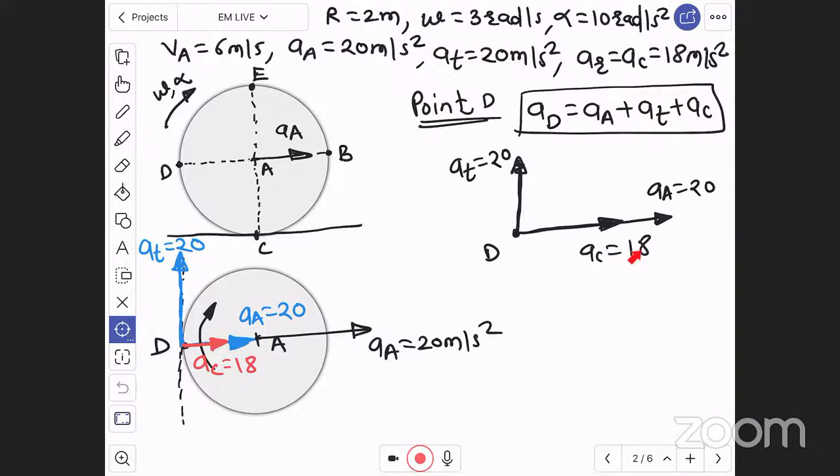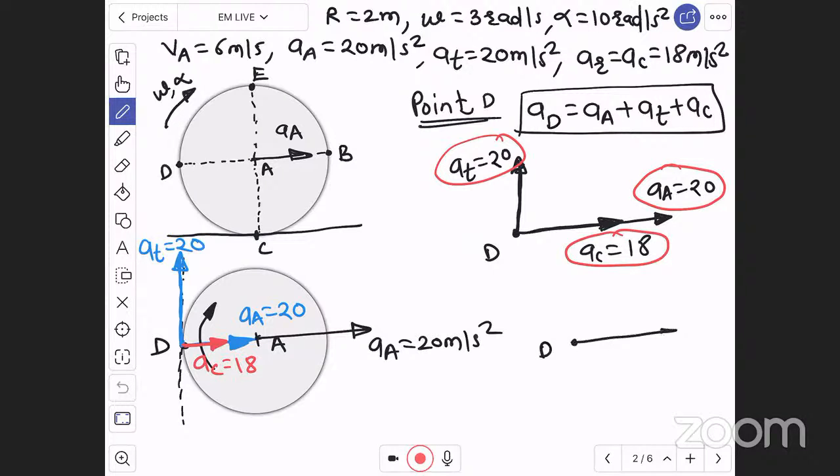Now, 18 and 20 will get added here. You can see this centripetal acceleration and acceleration of center point will get added because they are moving in the same direction, and there is a tangential acceleration of 20 magnitude. Therefore for point D, this 18 will get added in 20, will become 38 towards right, and there will be 20 magnitude in upward direction.